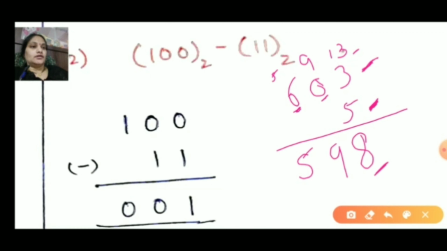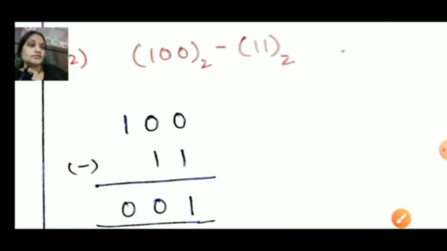So these are the rules you are following while doing subtraction in case of decimal number system. Here one thing you remember: instead of 0 you are writing 9 because 9 is the highest digit in terms of decimal number system. But in case of binary number system, what is the highest digit there? That is 1.